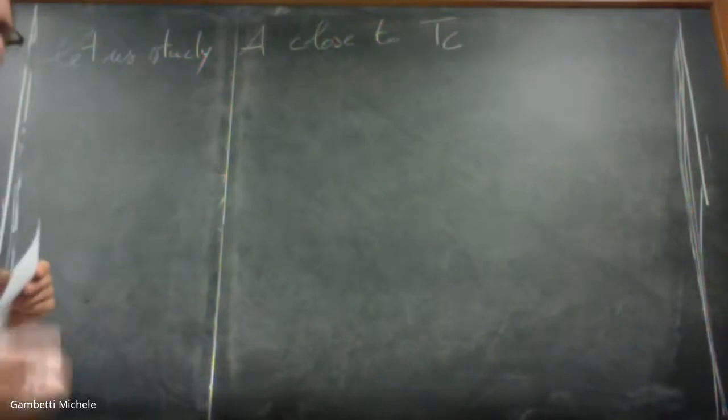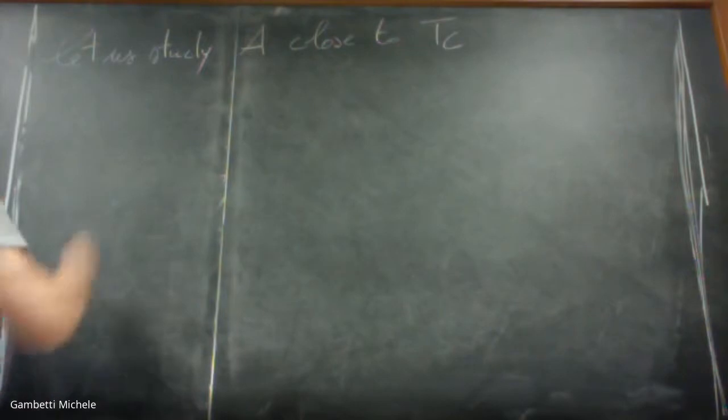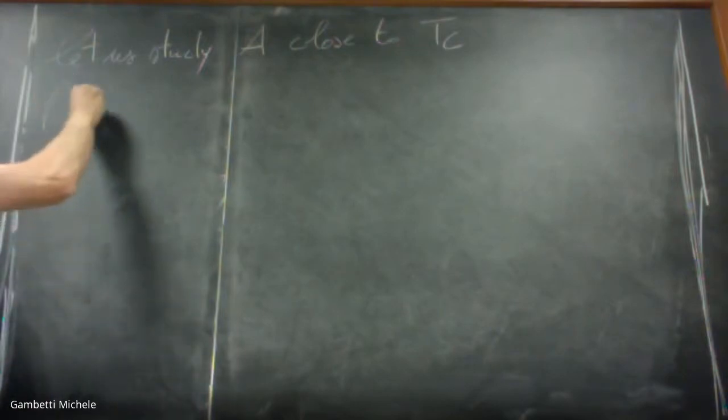Now we are going to study the behavior of A, and as you will see, this provides really very intuitive insight on what's going on with the phase transition. Okay, so let's start from the formula, and let's put H equal to 0 for the moment. Then we will put also H different from 0.